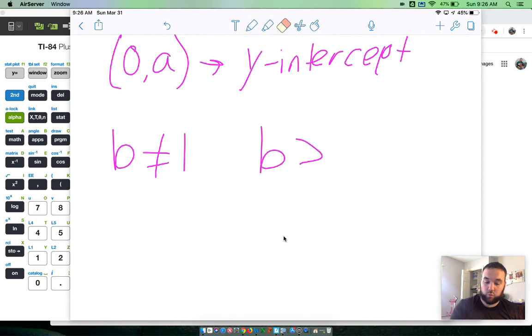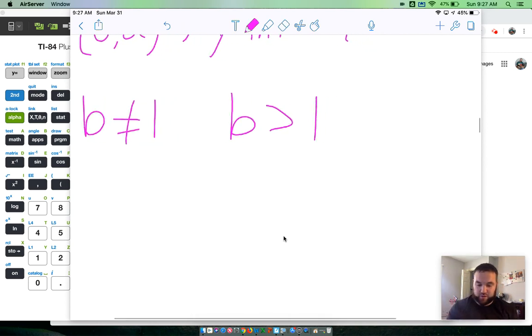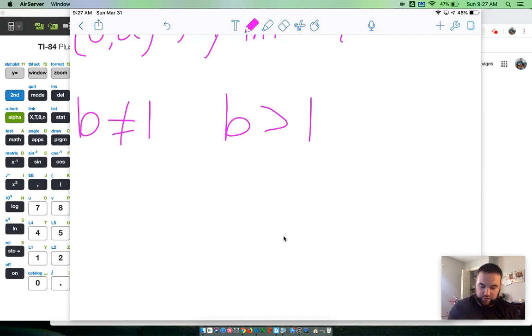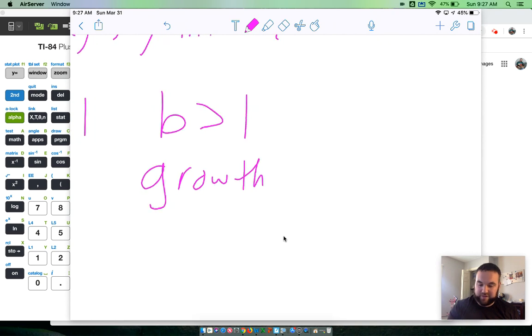If b is greater than 1, then this is going to give me exponential growth. And if the b value is between 0 and 1, then that's going to give me decay.